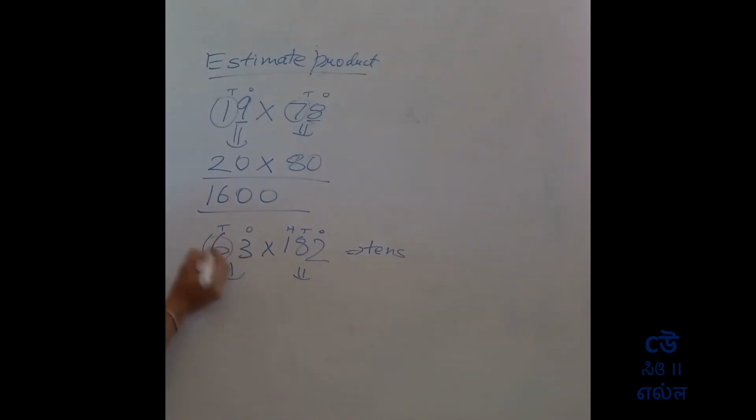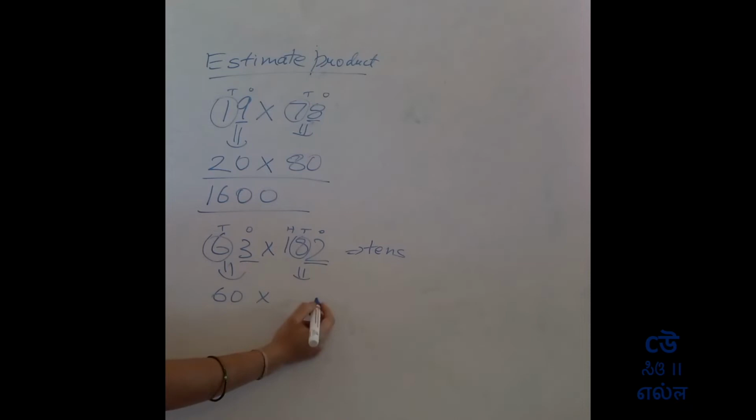Okay, so consider the tens place value. So 3 is less than 5, so 6 remains as it is. Next 2 is less than 5, so 8 remains as it is. So if you take this product, what will be the answer?